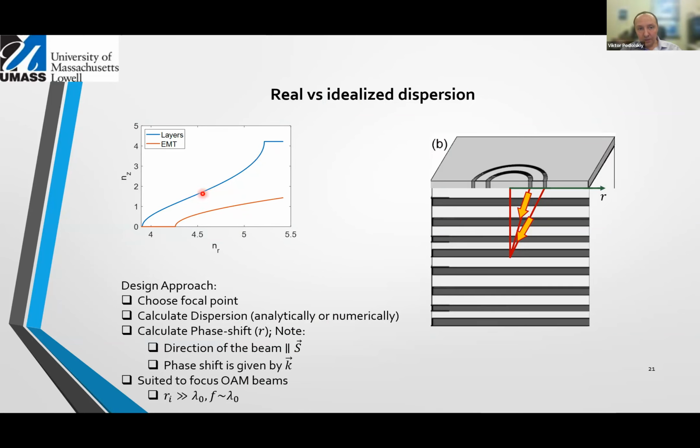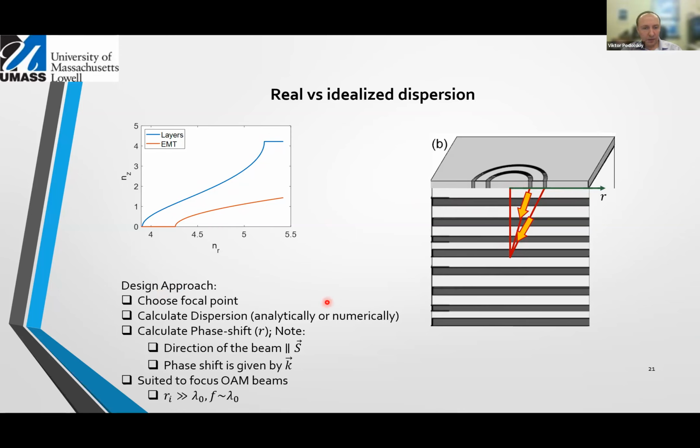And you can use the dispersion of the actual multi-layer composite to design an analog of hypergrating. Basically, you follow the same approach you followed before. You choose a focal point somewhere inside your material. You calculate a phase lag that your mode would experience as you go from the optical axis of your device towards the periphery.